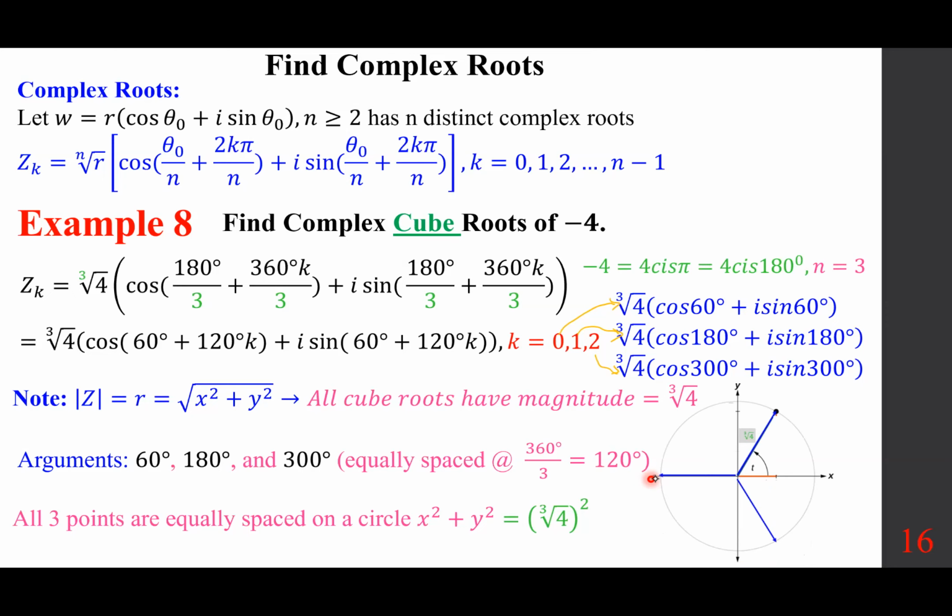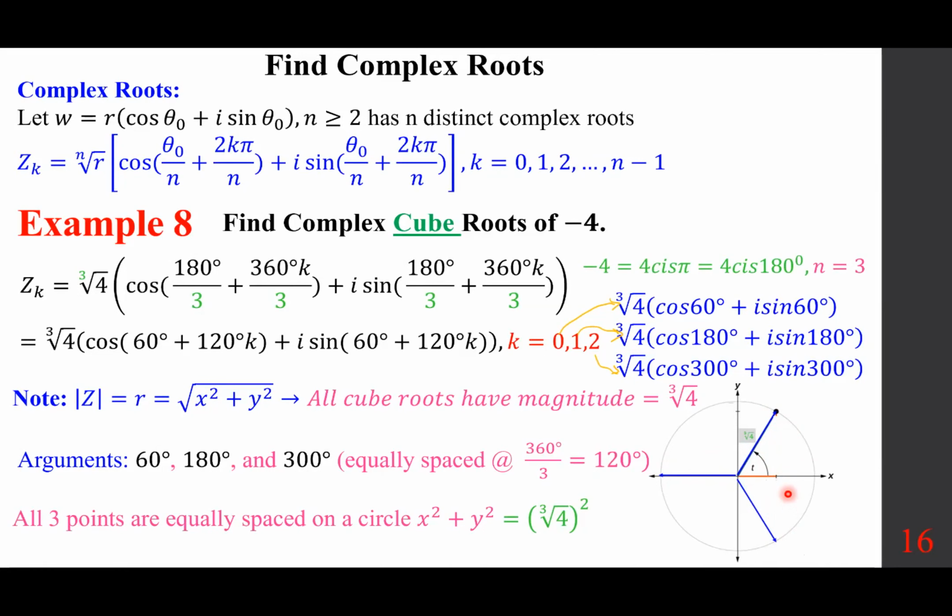And again, the radius is cube root of 4. Each one is cube root of 4, right? Those are the radii. And this is at 60 degrees. Now spaced at 120, if you add 120, you end up with 180. And another 120, you end up at 300. That's the meaning of it.